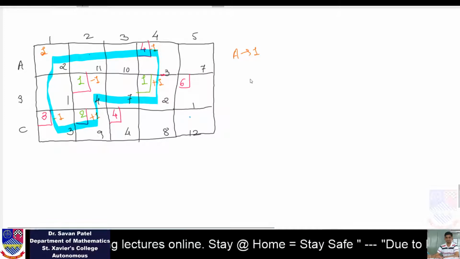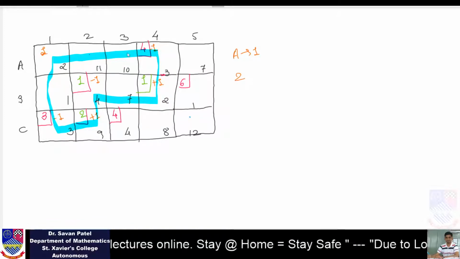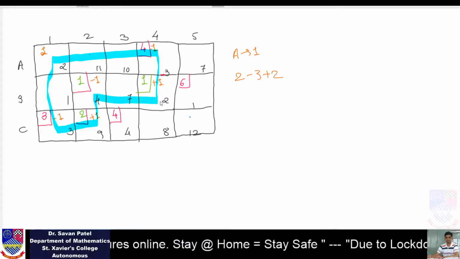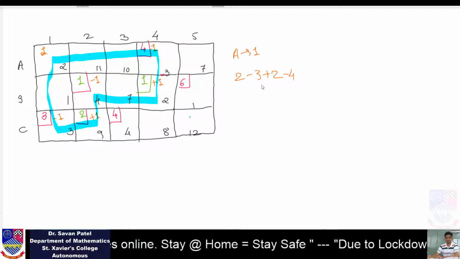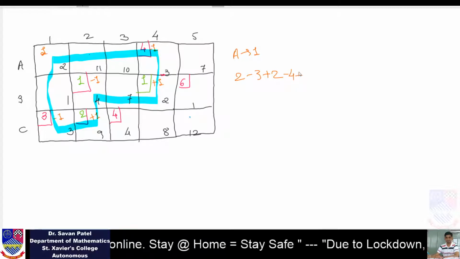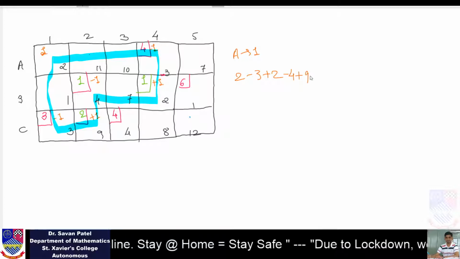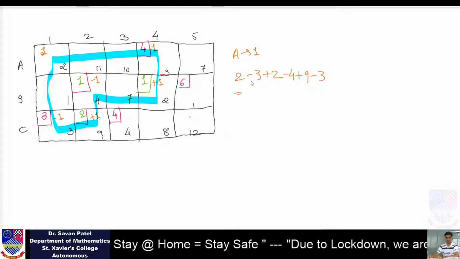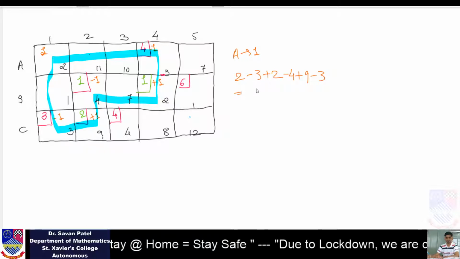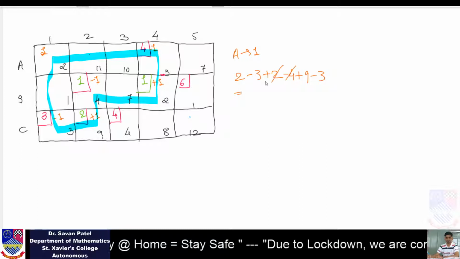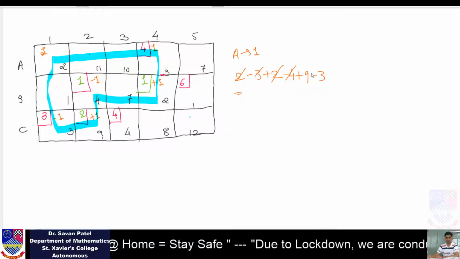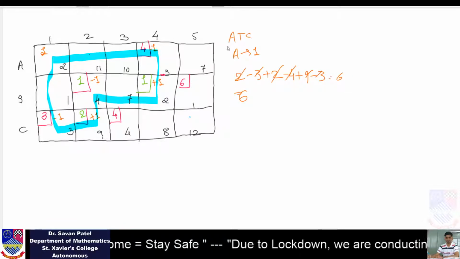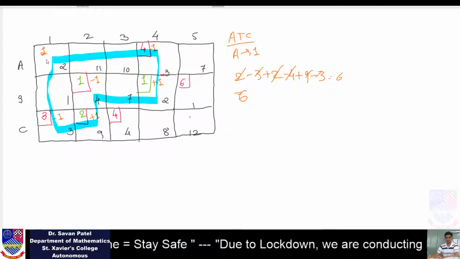In that case, the cost is 1 times 2, that is 2, minus 1 times 3, it is minus 3, minus 1 times 2, it is plus 2, minus 1 times 4, so it is minus 4, plus 1 times 9, so it is plus 9, then minus 1 times 3, it is minus 3, and we have reached the original situation. So this is 2 plus 2, 4, minus 4, so this is cancelled. Here this will be cancelled to 6. So the sum is 6. The additional transportation cost is 6 if we transport 1 unit from here.